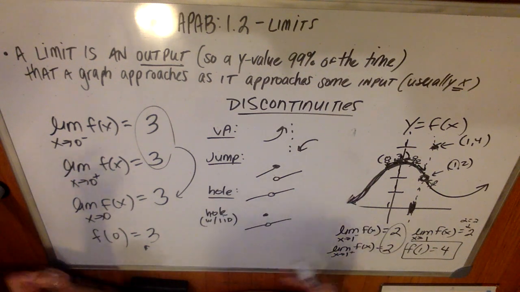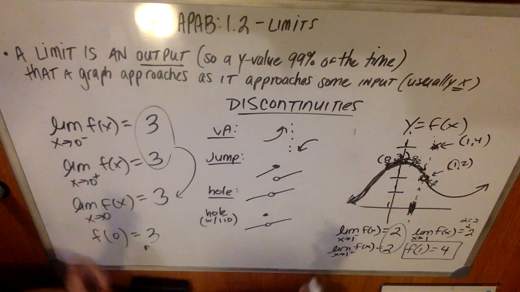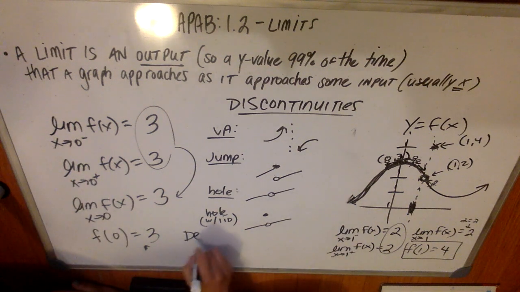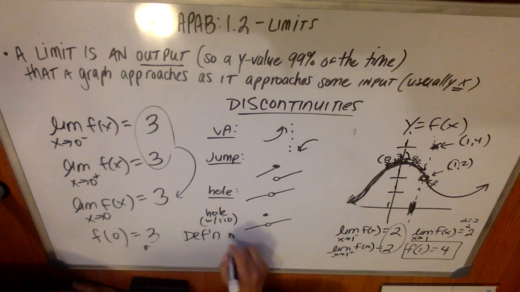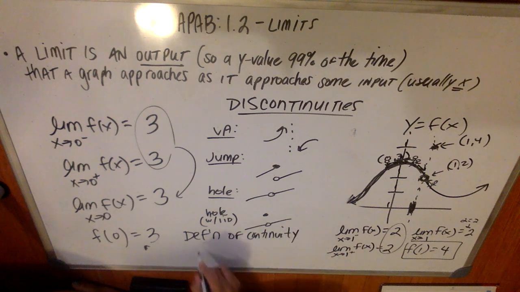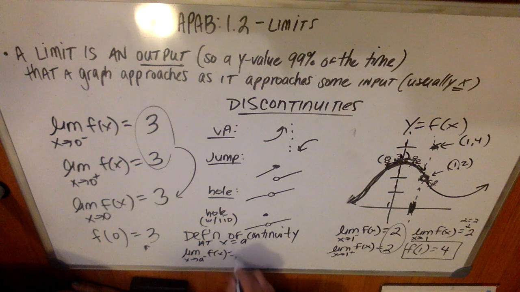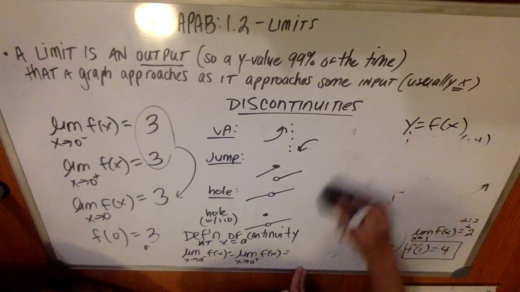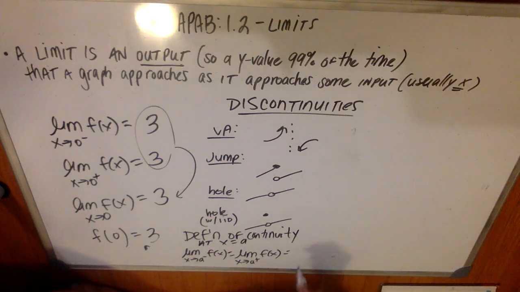The reason that they're discontinuous at these points is because of the actual definition of continuity at x equals a, which is that the limit as you approach a from the left is equal to the limit as you approach a from the right is equal to the double-sided limit is equal to the actual function.